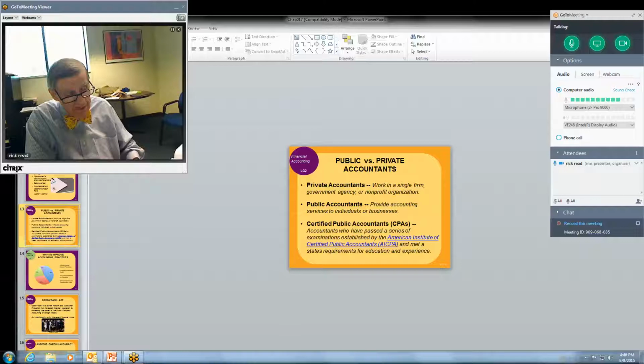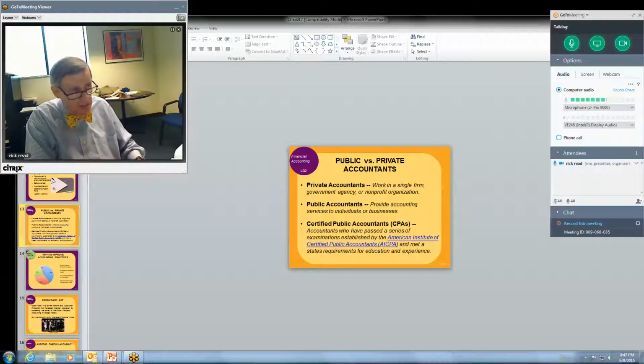Most of the time, it equals 150 credits. Now, if you stop and think that most colleges and universities require 120 credits to graduate, we're talking about an additional 30 credits. There's more accounting and more auditing that has to be taken.